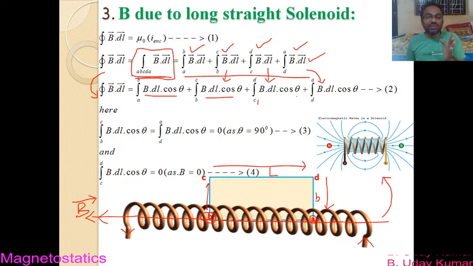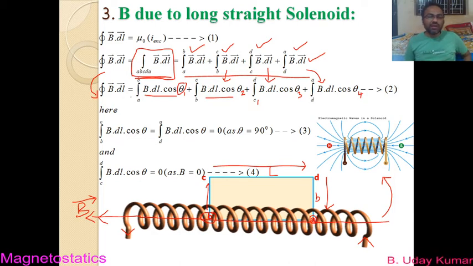But you have to understand one thing here: these thetas are the angles between B and dl along the respective paths. If you are confused a little, you can take them as theta 1, theta 2, theta 3 and theta 4, but that is not necessary here. You can take the notation differently, or take them as the same, but while substituting the values you need to be a little careful.